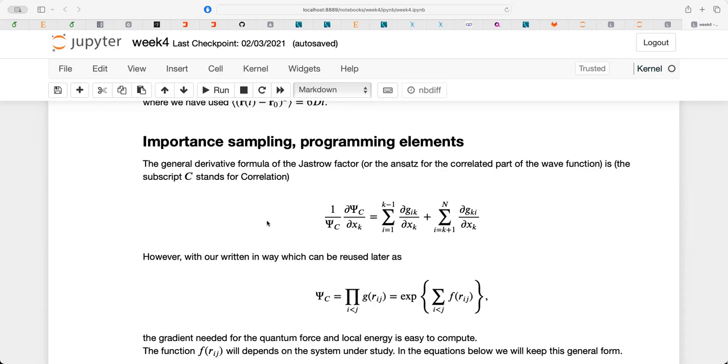When you are setting up a variational Monte Carlo code, the potential itself does not change the wave function, which means that when you calculate the local energy, the potential doesn't do anything to the wave function, and then you divide by the wave function, and you're just left with a contribution from the potential energy. However, when you calculate the kinetic energy, you're going to need the first derivative and the second derivative. And this is the computational bottleneck when you include the correlation part.